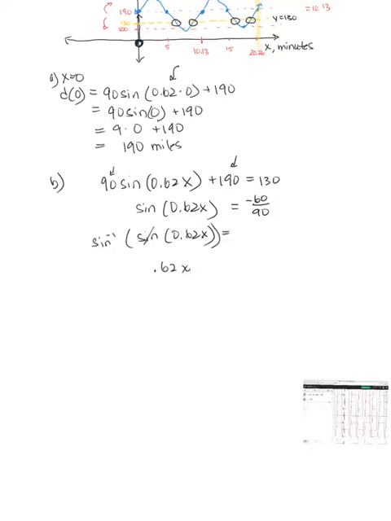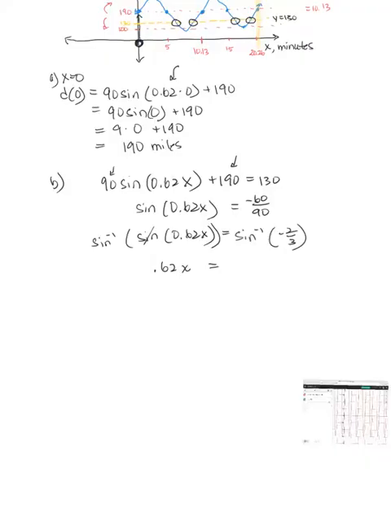I want to show you good notation on this one. I'm going to take sine inverse of negative 2/3. Notice I don't want to squeeze it in there. I want to actually write it next to the negative 2/3. And it is really important that the sine is written first, and then the sine inverse of what you're taking.